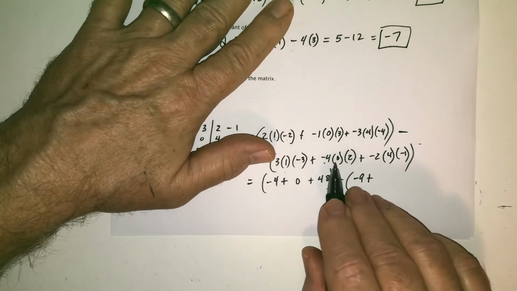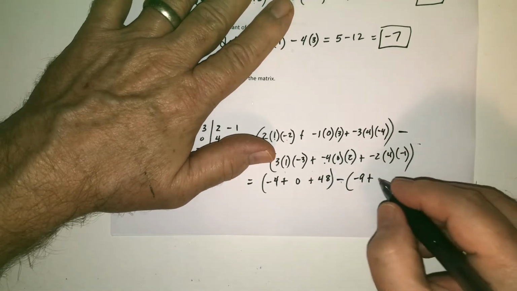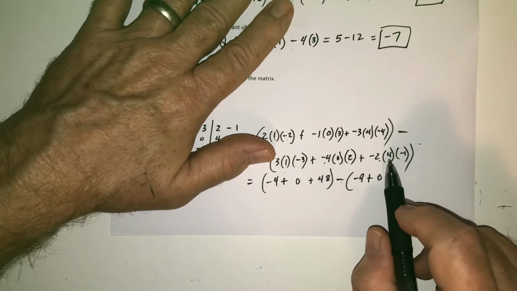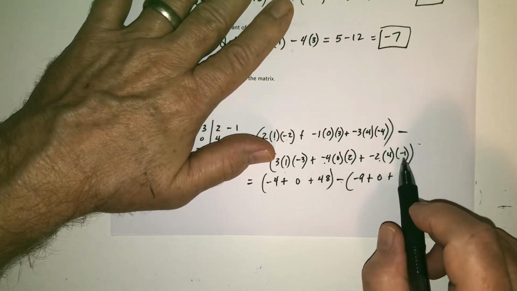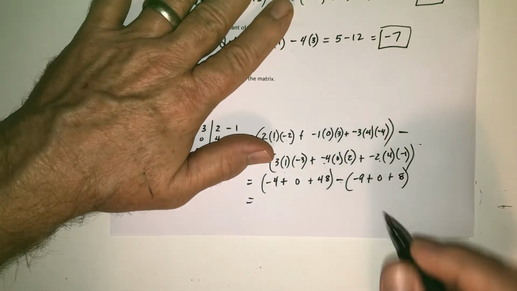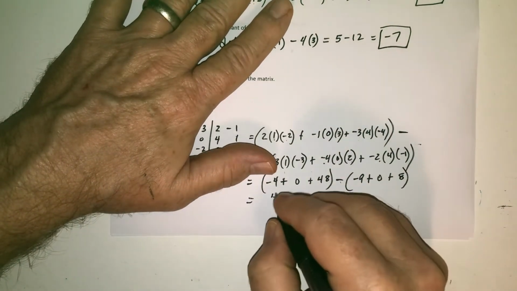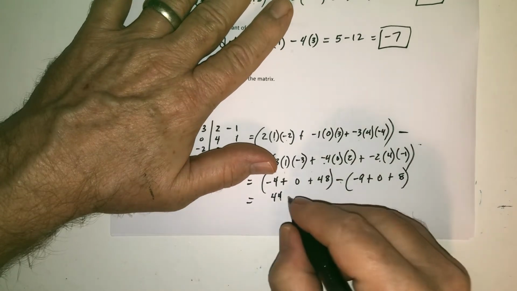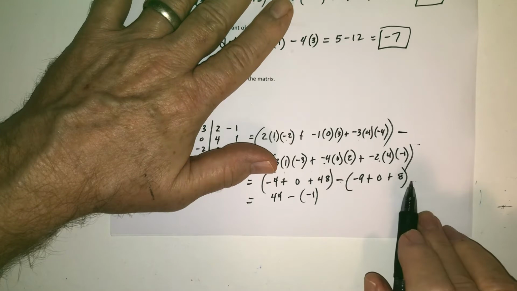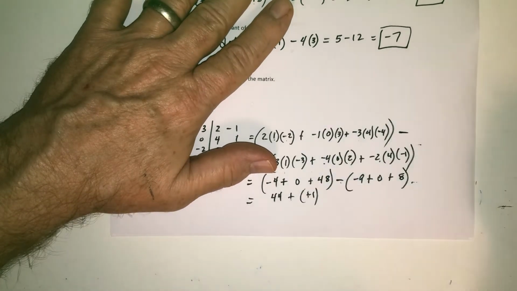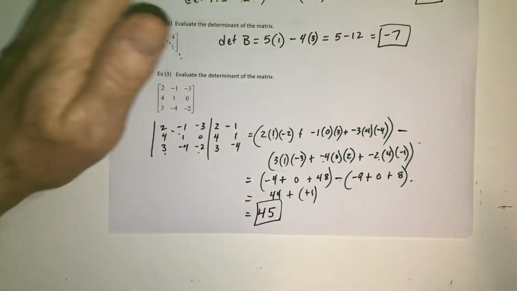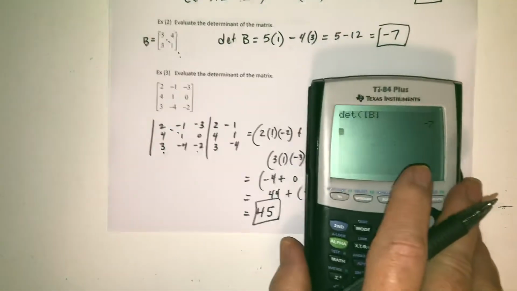Plus 4 times 0 is 0, times 2 is 0. Plus negative 2 times 4 is negative 8, and negative 8 times negative 1 is positive 8. So then I would have here 44, minus negative 1. When I add those up, I get negative 1, but that's really the same thing as that, so this should be 45.